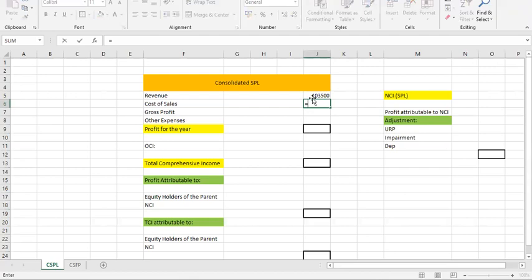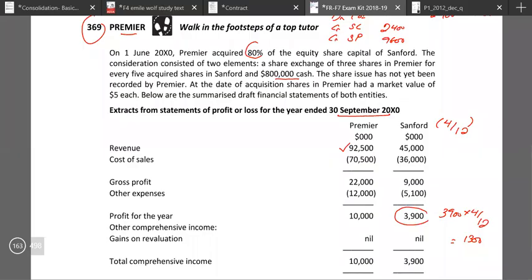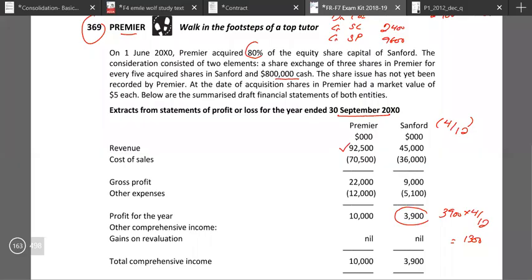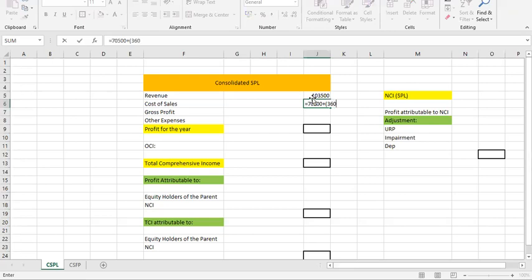So cost of sale is, the parent one, 70,500, and plus the brackets, the subsidiary one, which is 36,000, obviously into 4 divide by 12.